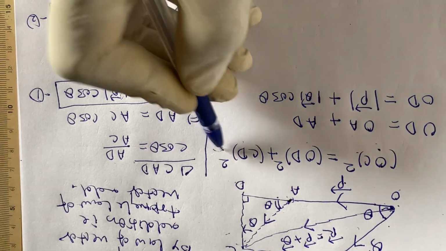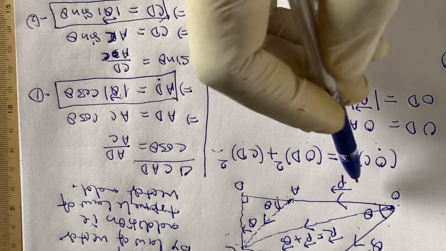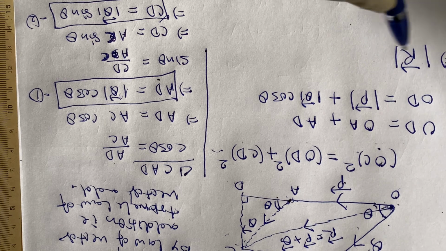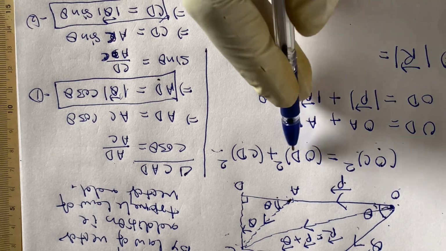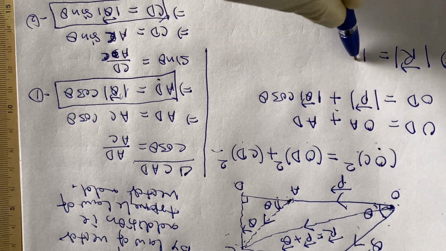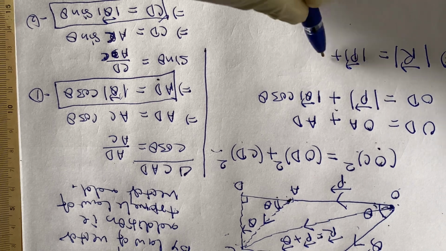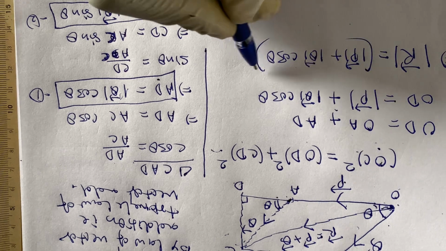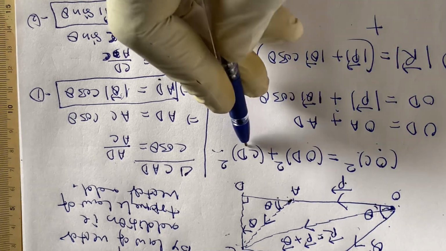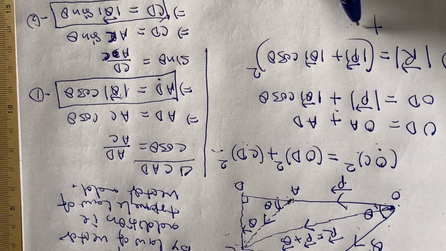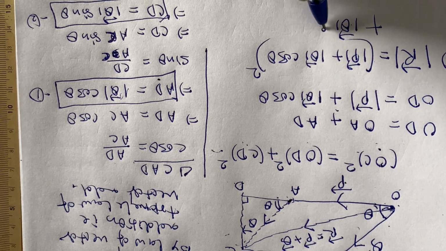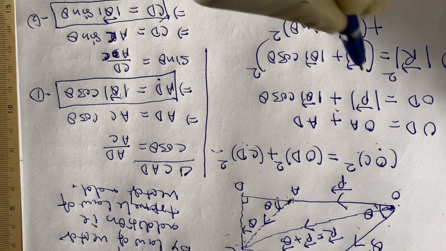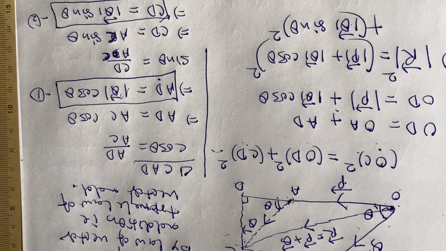So using this equation, what is OC? This is nothing but the resultant R magnitude, which is equal to OD square, so mod P plus mod Q cos theta whole square, plus CD, where CD is mod Q sine theta whole square, and this is magnitude R square.